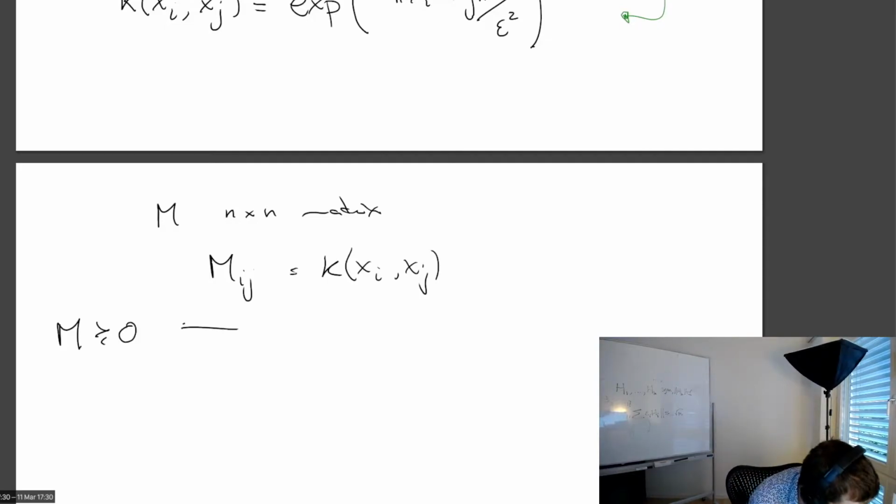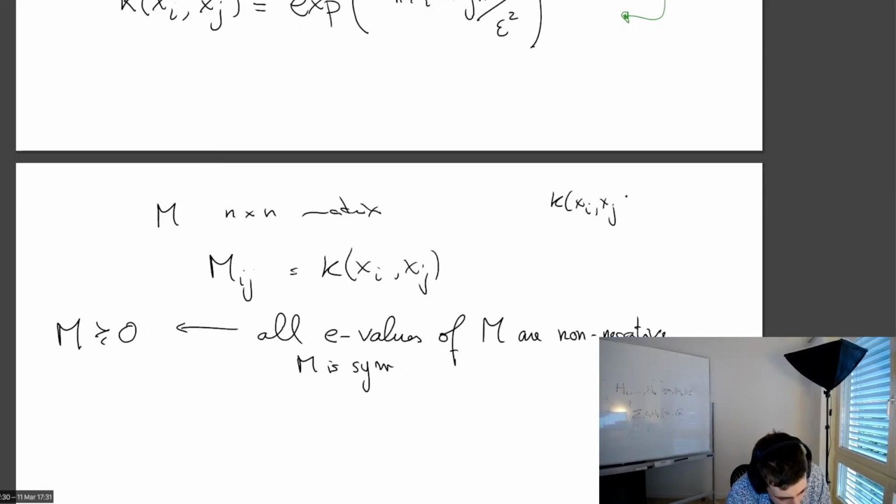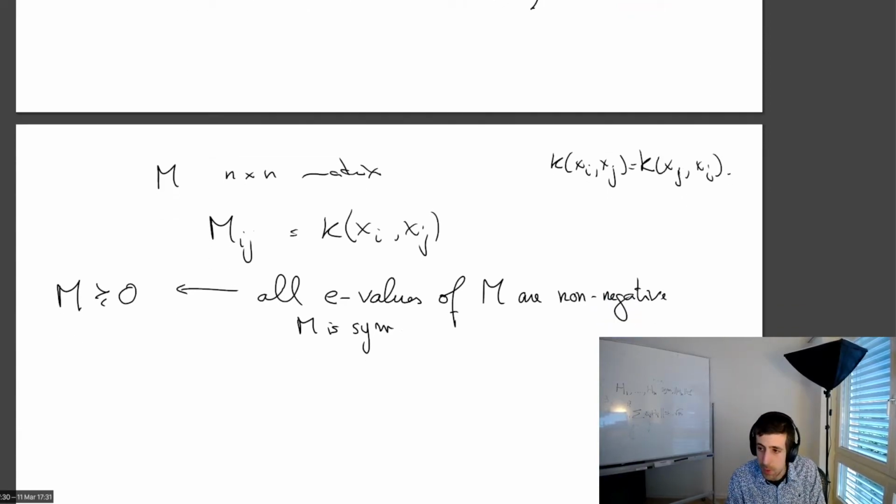So this means that, I assume we've seen this in linear algebra, all eigenvalues of M are non-negative. Usually, I also mean that M is symmetric. But in this case, these kernels tend to be symmetric always. They're measuring some kind of similarity, which should be the same going both ways.